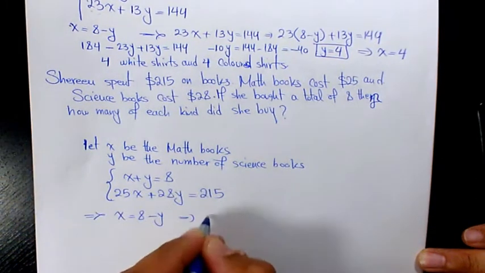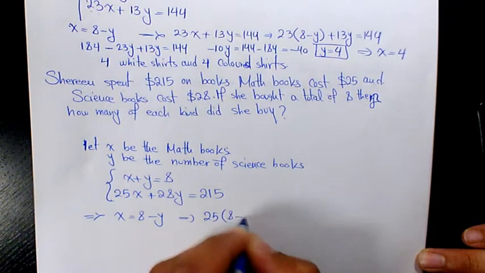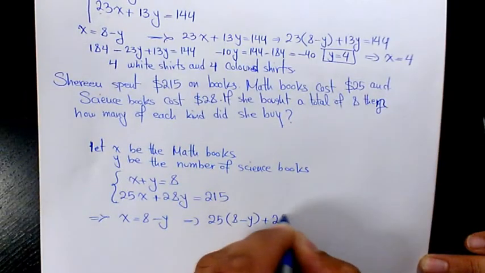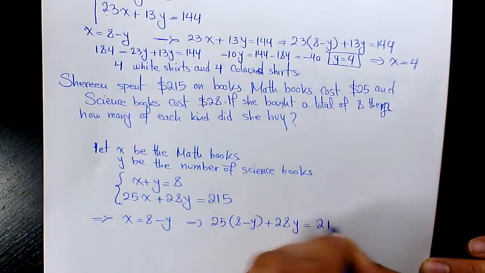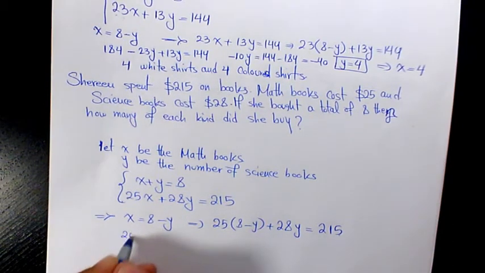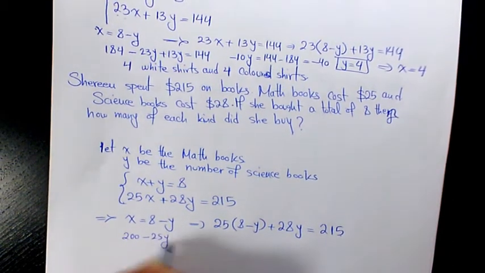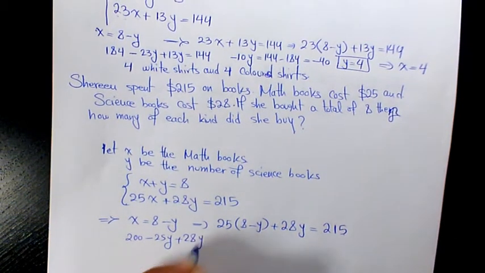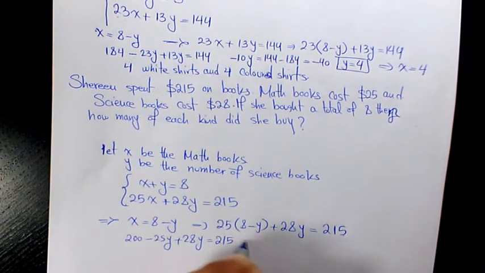Then you sub it there. 25 times (8 minus y) plus 28y equals 215. So 25 times 8 is 200 minus 25y plus 28y equals 215.